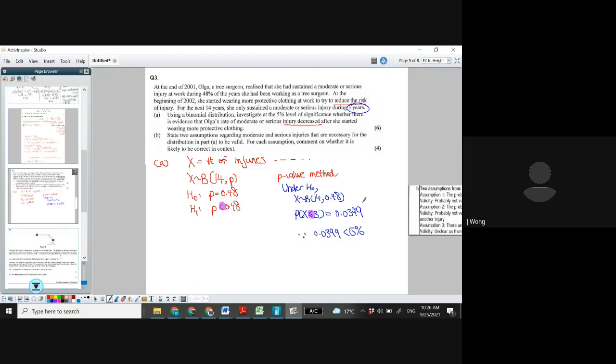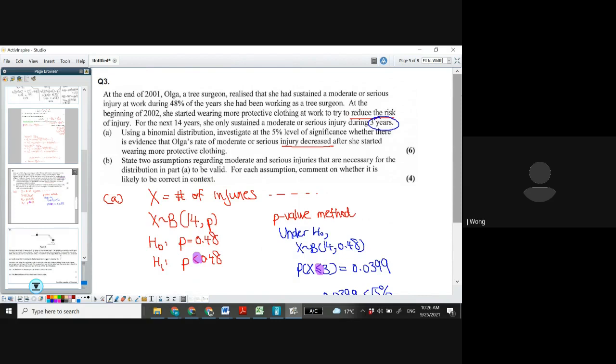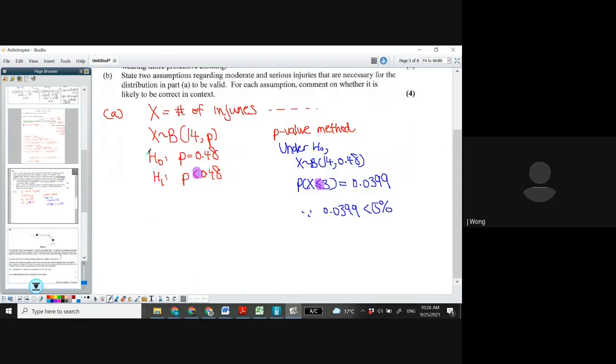So although it is rare, it does happen. It causes us to alter our belief, and hence we have enough evidence to reject H naught in this case and take our alternate belief.